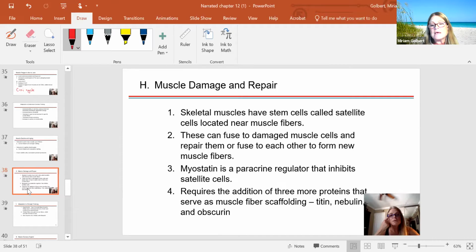But the injury doesn't have to be extensive. If the injury is very extensive, these little stem satellite cells cannot do the work. And what happens is that a lot of the fibrous connective tissue starts to invade the muscle, kind of filling in where the injury occurred. And obviously the fibrous connective tissue is not muscle, so that muscle now cannot contract and relax the same way.